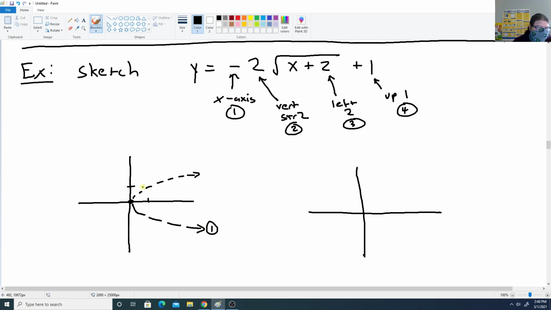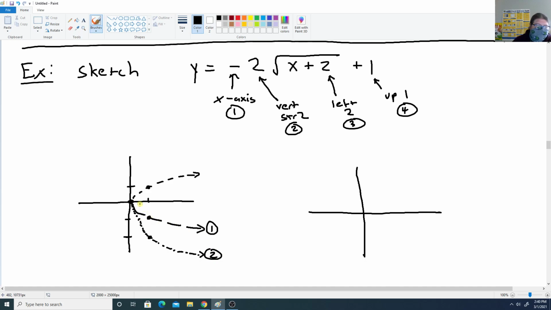So the original graph had the point 1, 1 on it. This graph has the point 1, -1 on it. And now I want to do a vertical stretch by 2. So that's going to double the vertical distance. So my point here that was at a distance of -1 is now at a distance of -2. So I have a taller square root graph that is opening downwards like this.